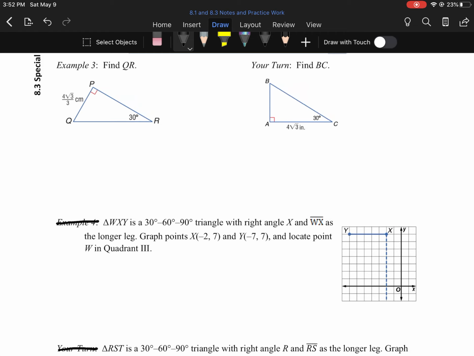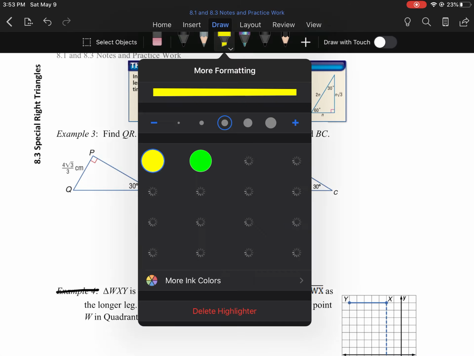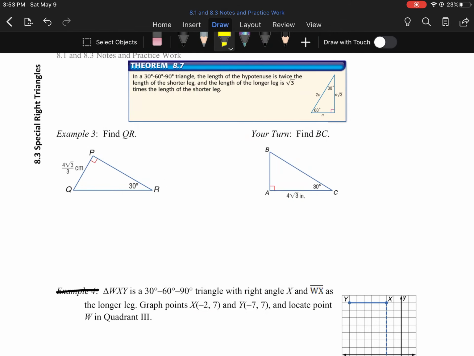Example 3 deals with theorem 8.7, and it's talking about a 30, 60, 90 triangle. That means I have a right triangle because of the 90, and the other two angle measures are 30 and 60. Remember, this whole theorem only works if it's 30, 60, 90.